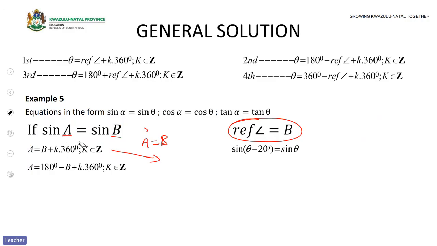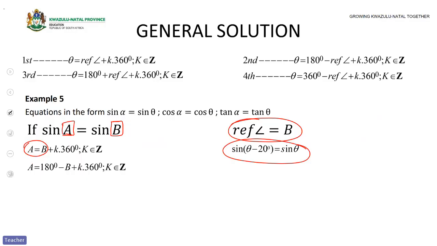So if the equation is given in the form sine A equals sine B, we then say, therefore, A should be equal to B. For this to be true, these angles must be equal, and we take B as our reference angle. So how would you go about solving this equation now?